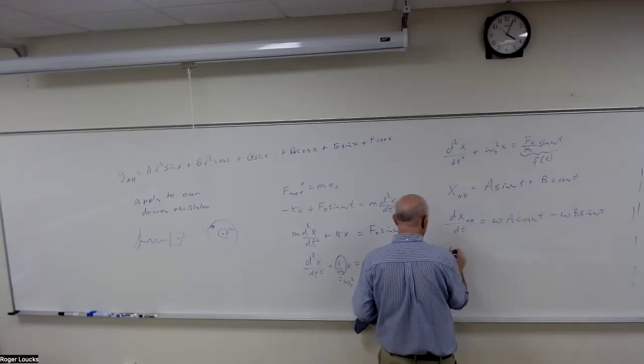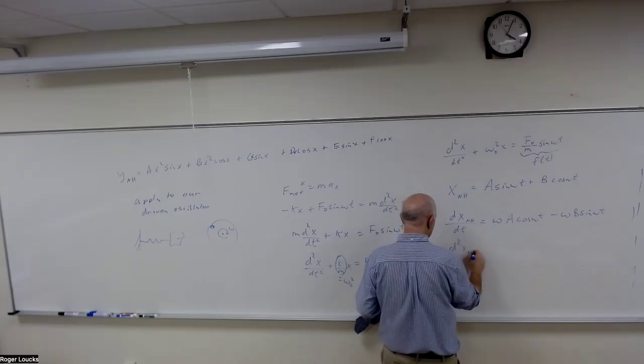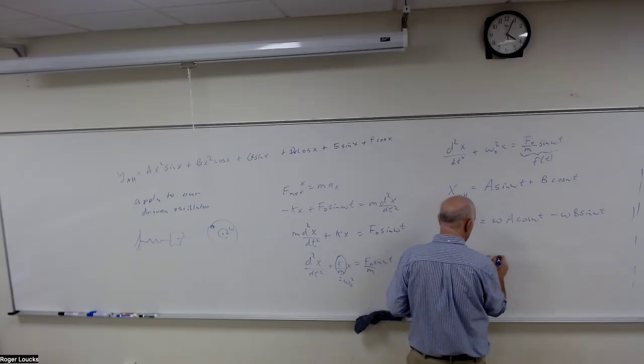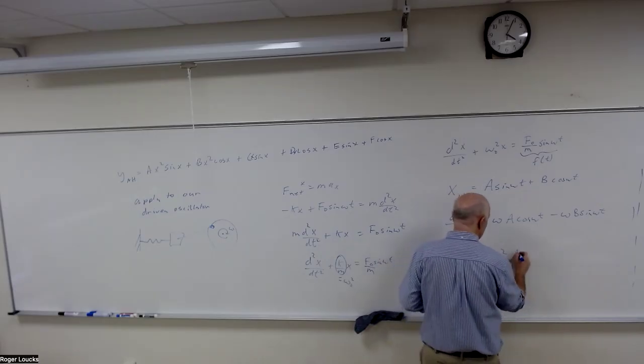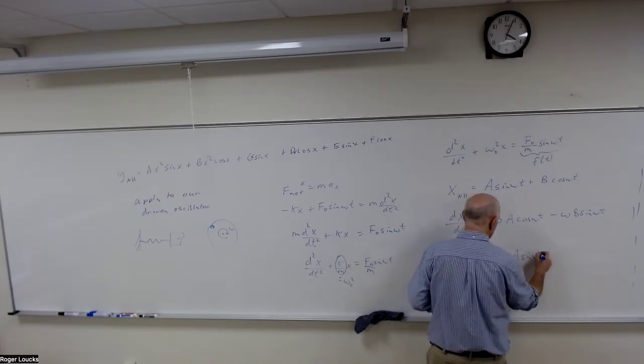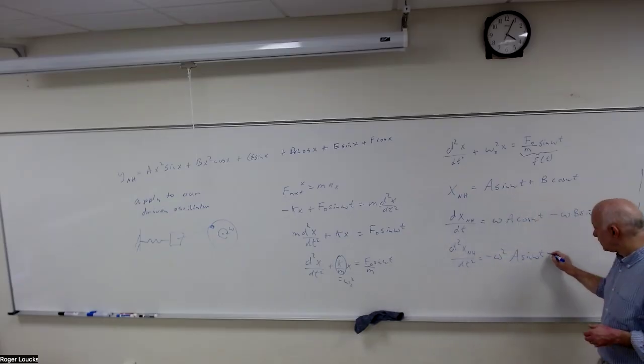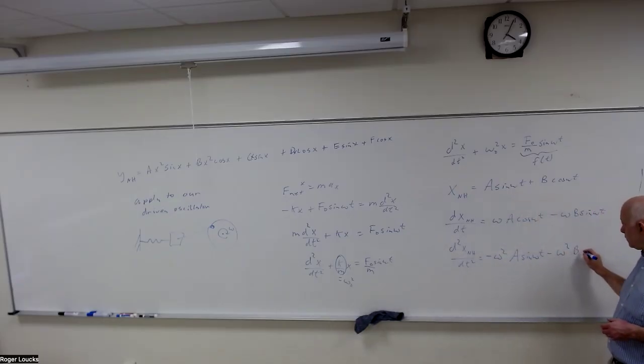What's my second derivative? Yeah, so minus omega squared a sine omega t minus omega squared b cosine omega t. That makes sense. Questions on that? Now we can make it a little bit more user friendly here.